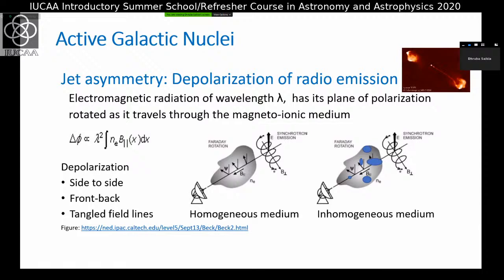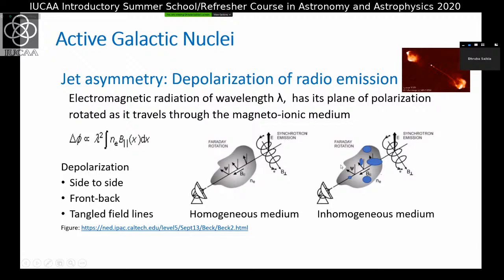Similarly, if it passes through a medium with irregularities of different electron densities, and you average them out, you will get a drop in the degree of polarization. The drop is stronger at longer wavelengths because the rotations of the E vectors are much more. This is referred to as side-to-side depolarization because you're sampling emission originating from different parts of the source, side to side.